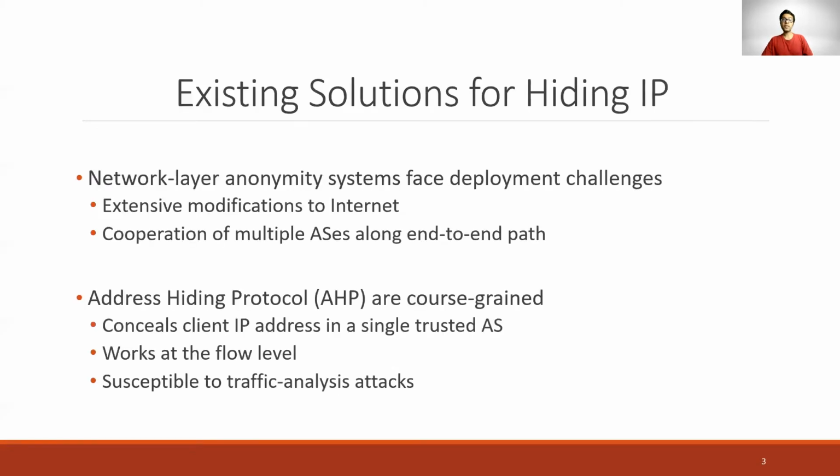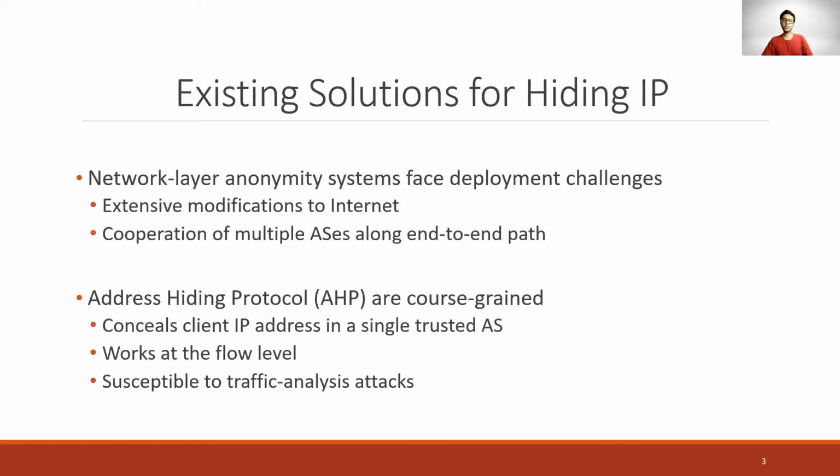Fortunately, there already exist some solutions for hiding your IP address. Network layer anonymity systems provide strong privacy guarantees, but they face some deployment challenges. Some systems may require extensive modifications to the internet. Others, like Tor and Spine, require the cooperation of multiple autonomous systems along the path.